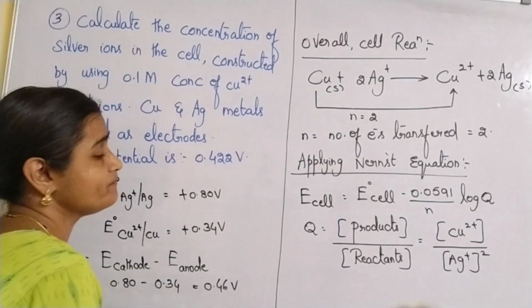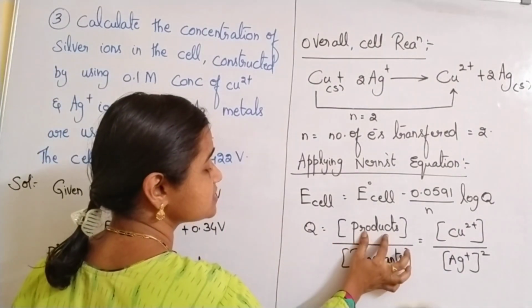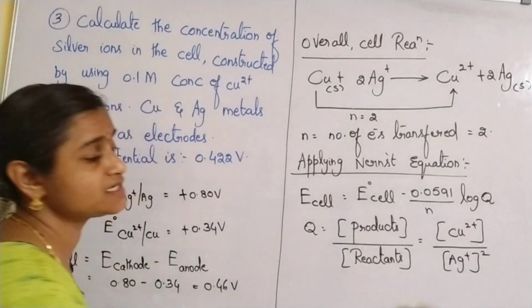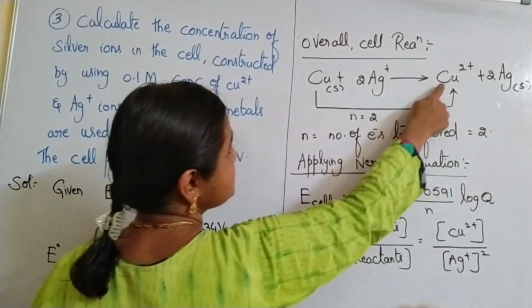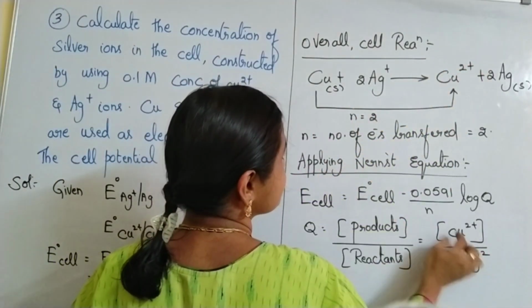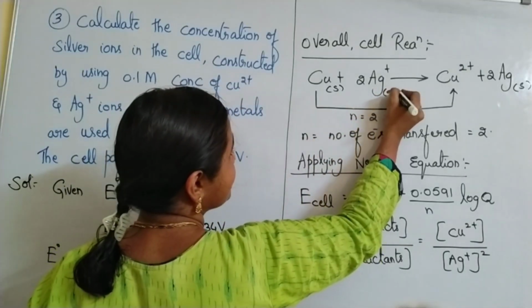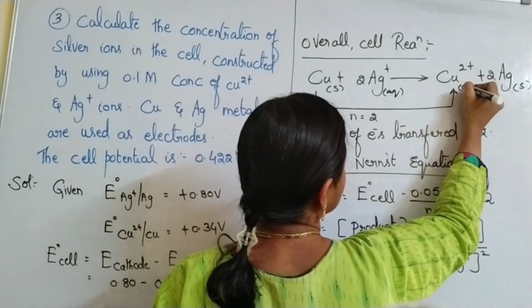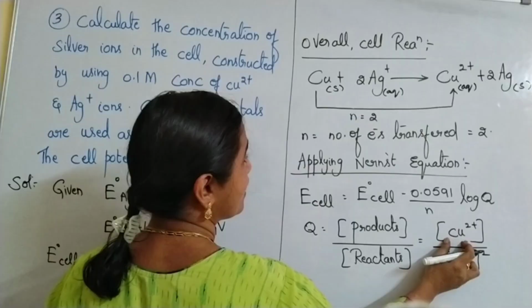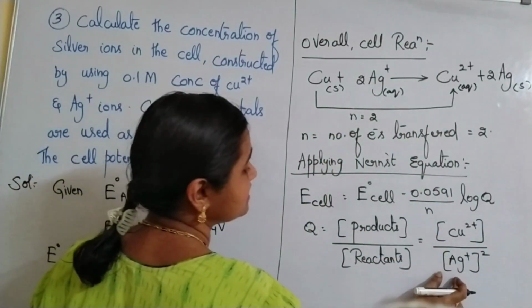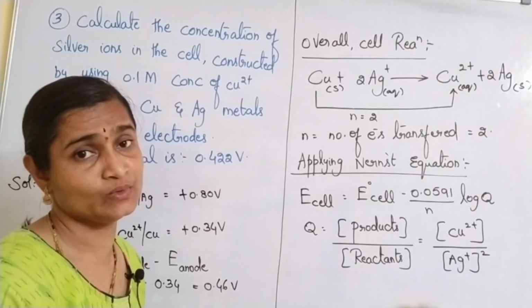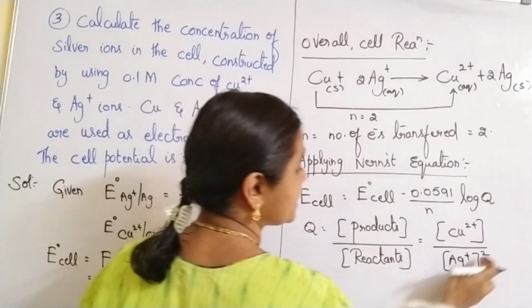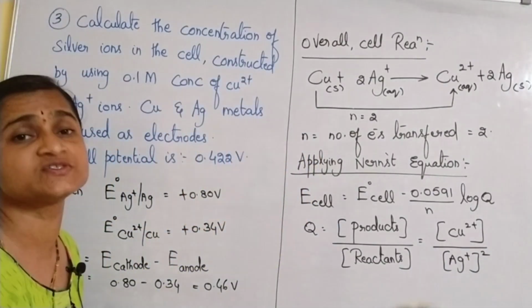So Q is the concentration of products by reactants. Cu2+ is on the product side and Ag+ is on the reactant side. These two are aqueous, so we consider only them. But for Ag+, the coefficient is 2, so it should be raised to that power. So Ag+ whole squared should be there.